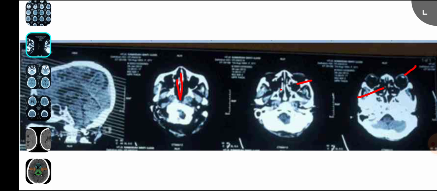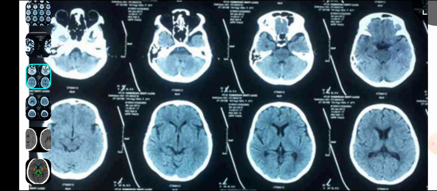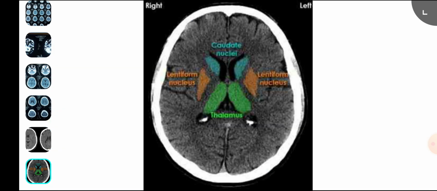Now another thing that is important is here. Focus on this image. Here you have the structures which are not shown over there. This is your frontal horn of lateral ventricle. Along with that, these are caudate nuclei.